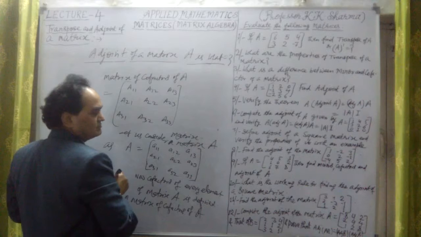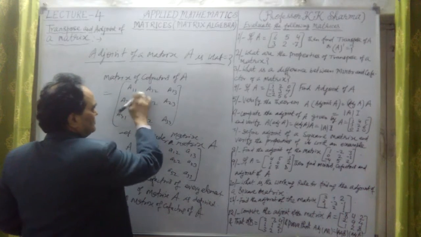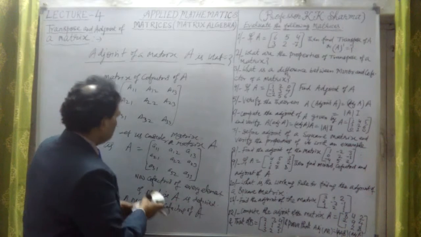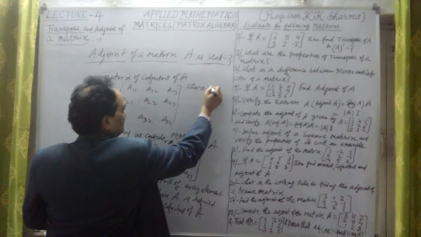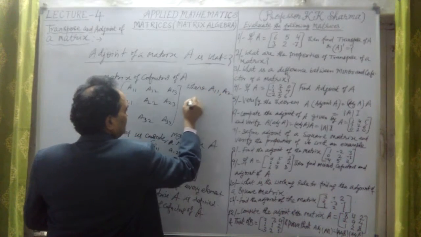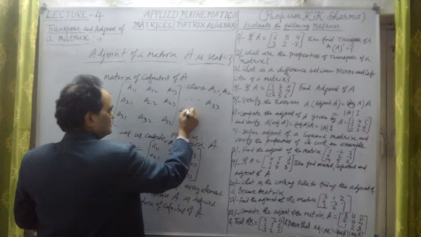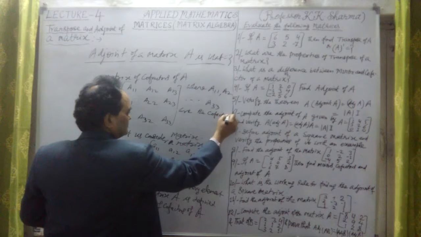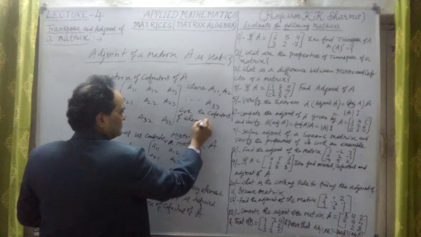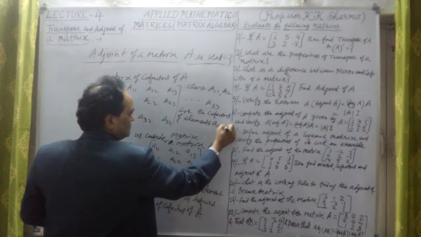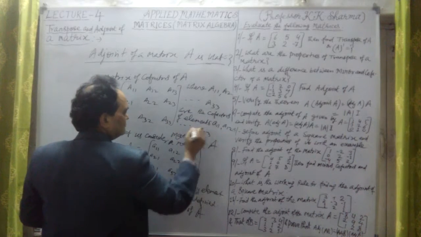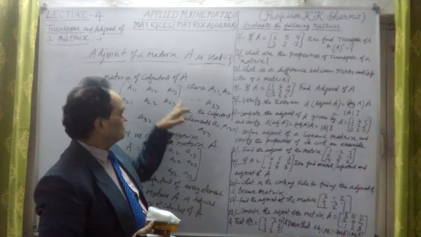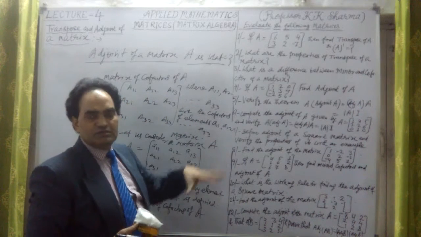Now, if I transpose this, the adjoint is obtained, where A11, A12 up to A33 are the cofactors of the elements A11, A12 up to A33 of the matrix A. First we have to find the cofactors.